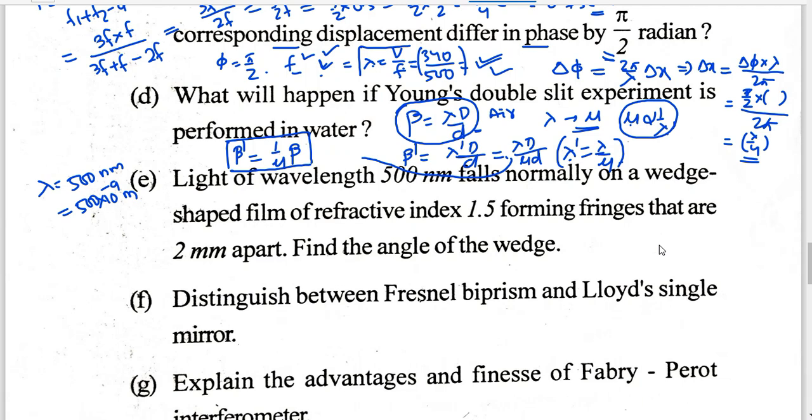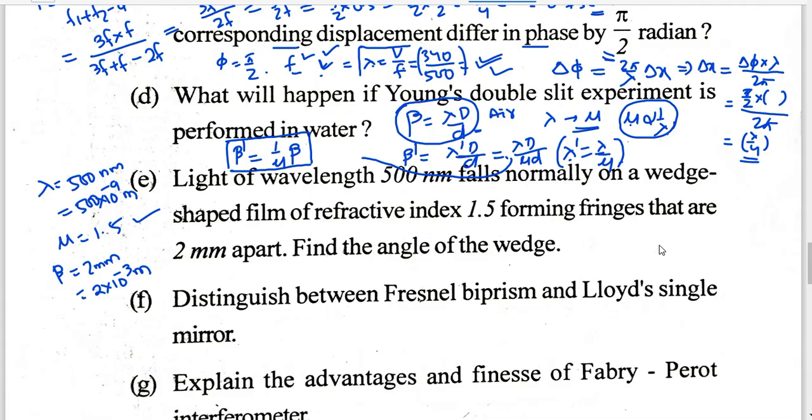Next, the wedge shaped film has refractive index mu equal to 1.5, and forming fringes that are 2 mm apart. So fringes apart means fringe width, that is beta. Beta is equal to 2 mm, that is equal to 2 into 10 to the power minus 3 meter, because 1 mm is equal to 10 to the power minus 3 meter.